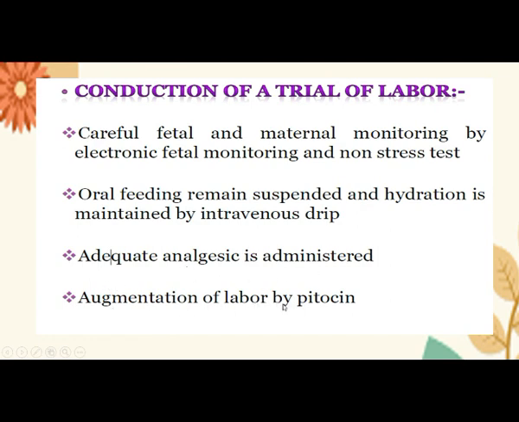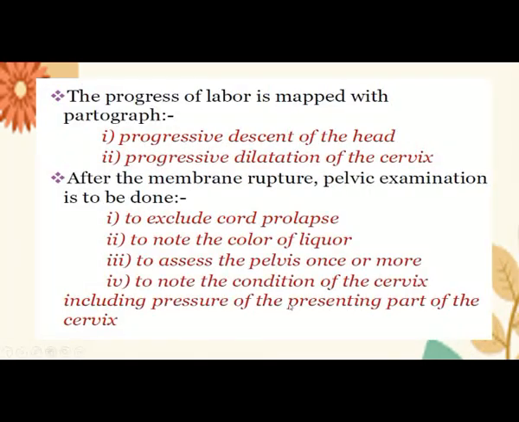Then augmentation of labor by pitocin should be done. The progress of labor is mapped with the partograph. The progressive descent of the head and progressive dilatation of the cervix are the progress of labor, and we check them by descent and dilatation of the cervix. After the membrane ruptures, a pelvic examination is to be done because there is a chance of cord prolapse.